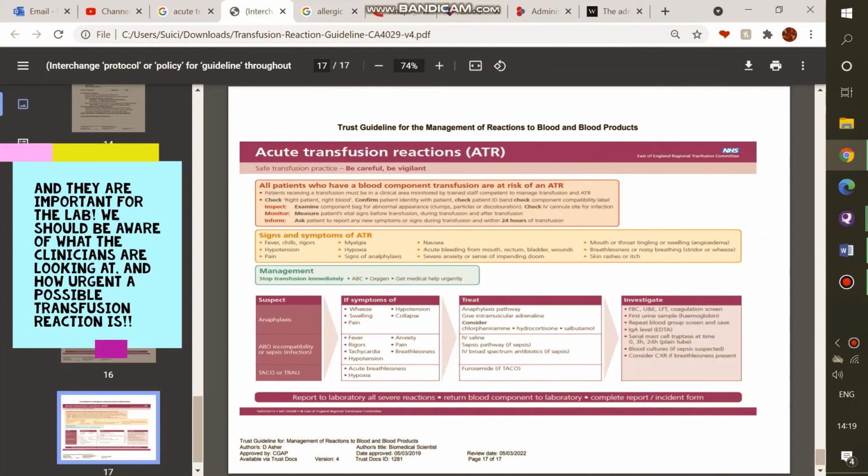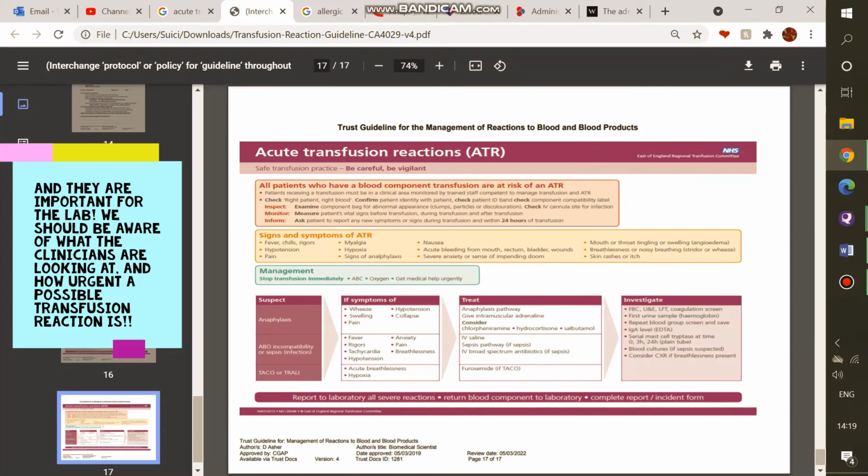So when you're on the ward and you're monitoring your patient, or just in general, the other thing that you really need to be aware of is the paperwork that is around in your hospital for transfusion reactions. Whatever paperwork there is, it is going to be there to help you. So I have an example here, and it is one that is very common.